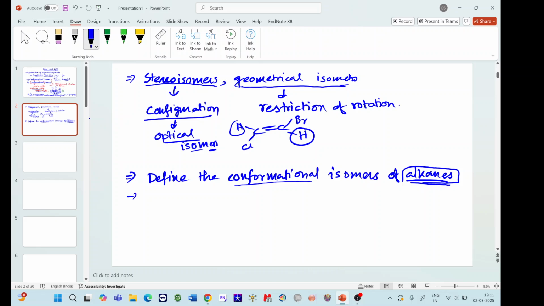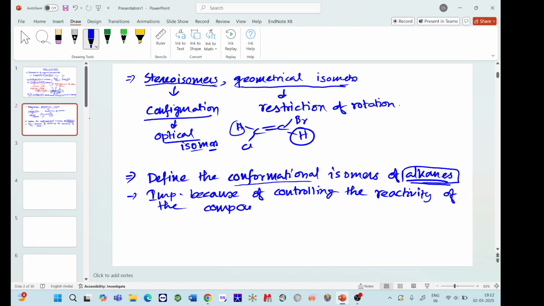Why are they important? Important because of controlling the reactivity of the compounds.